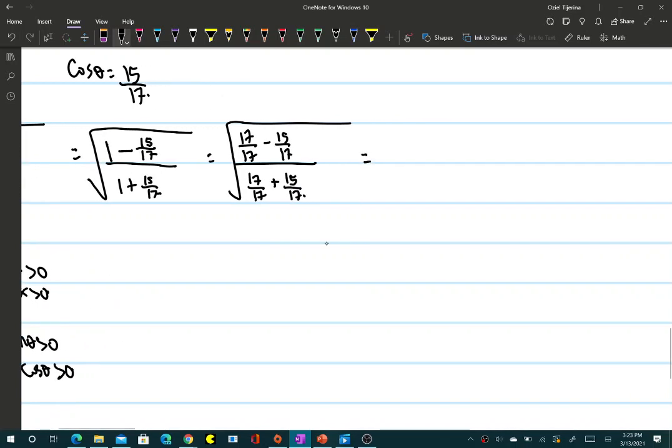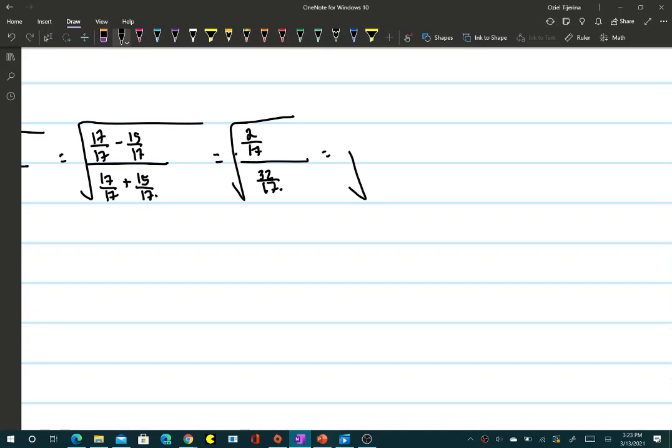This would be 2 over 17, so the square root of 2 over 17 divided by the square root of, or basically 32 over 17. And you can always, if you don't remember how to divide fractions, rewrite it like this.